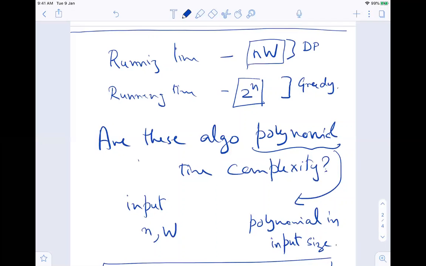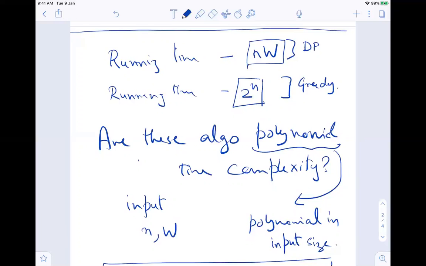Graphs are very easy to think about. For a plain simple graph on n vertices, the input is actually n squared, or sometimes we say it's n plus m, depending on how it is given. Is it given in the adjacency matrix or the adjacency list form? Fine. So the running time is a function of n plus m. So n plus m is the size of the input.